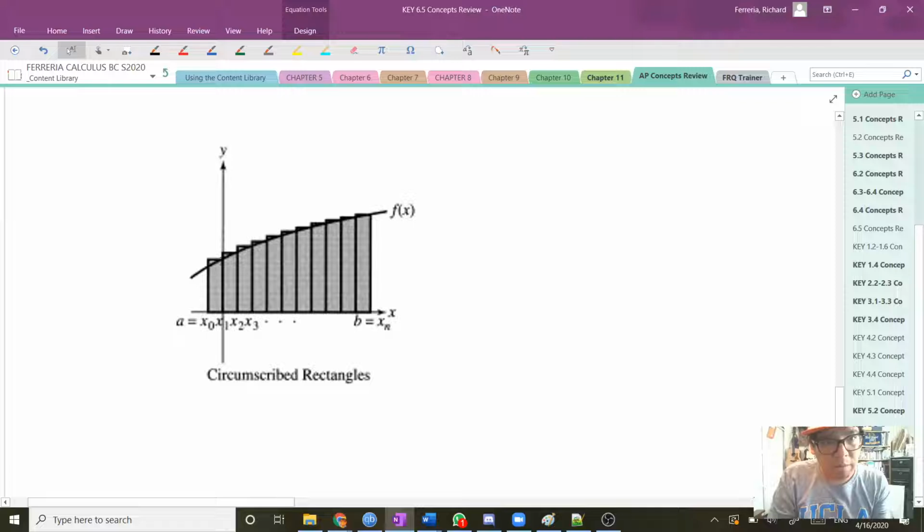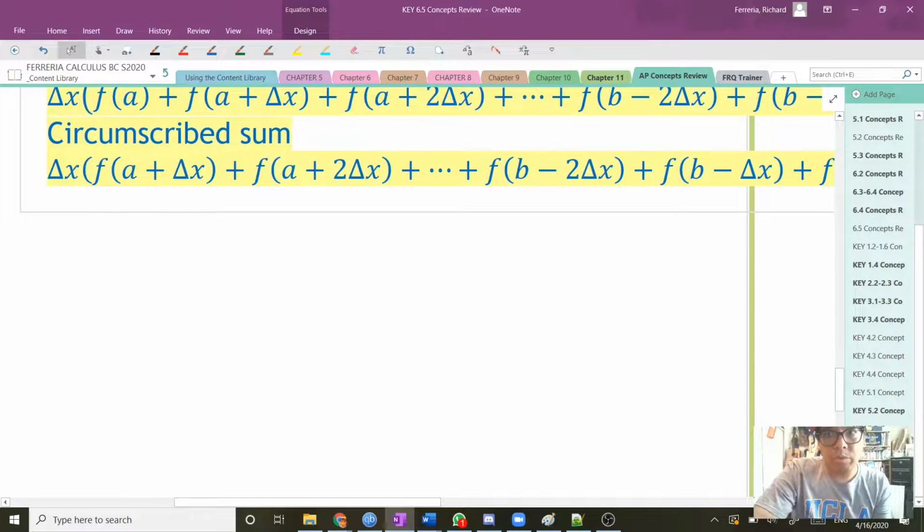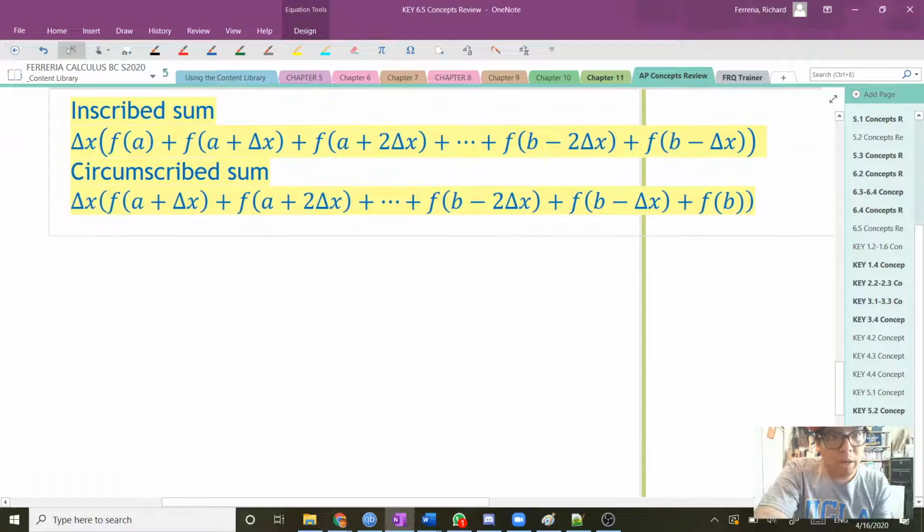So we're evaluating from f of a plus delta x to f of b. So we have delta x multiplied by our function evaluated at a plus delta x, a plus 2 delta x, etc., all the way to f of b.